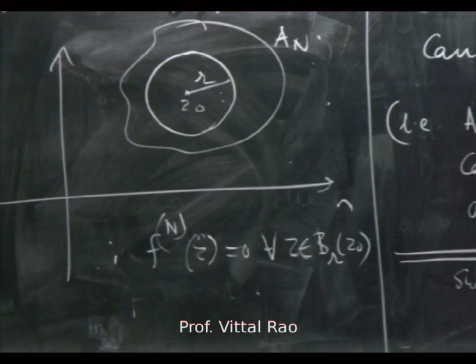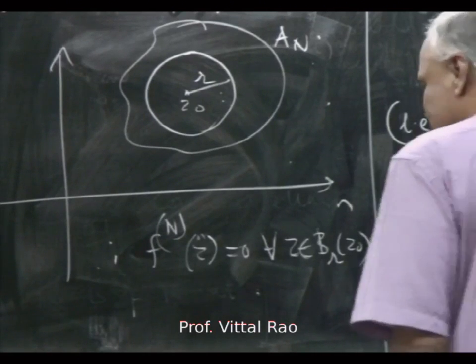inside that ball. But if it is an entire function equal to a polynomial in some domain, it must be a polynomial. That is the power of the analytic functions. If it coincides with a polynomial in a small disk, it must be a polynomial everywhere. That is what is known as the analytic continuation property. Okay. So this is a very powerful theorem.